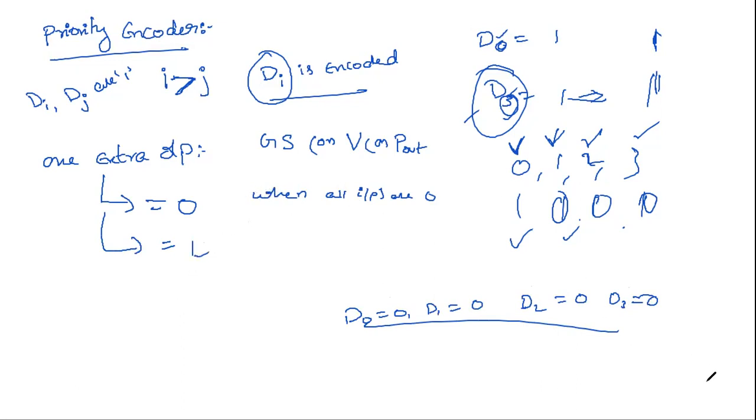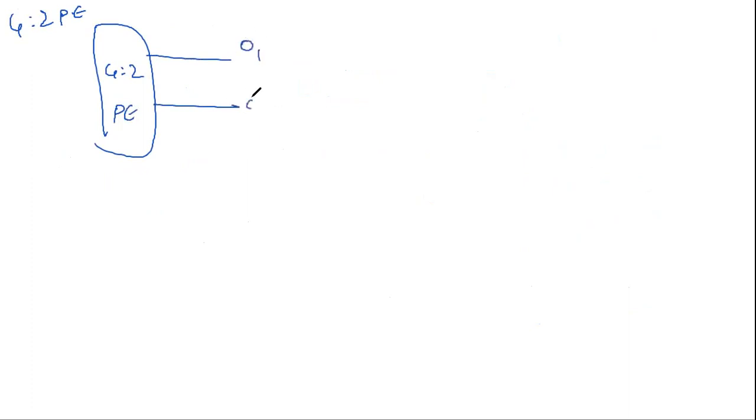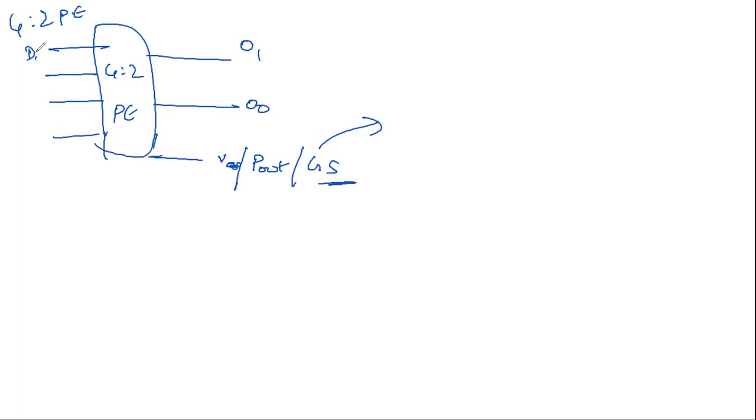Okay, let us draw the truth table. So the block diagram is a 4:2 priority encoder. We have three outputs, O1, O0, and V, or P out, or GS. In IC design, this output is denoted as GS. So four inputs, D0, D1, D2, D3.